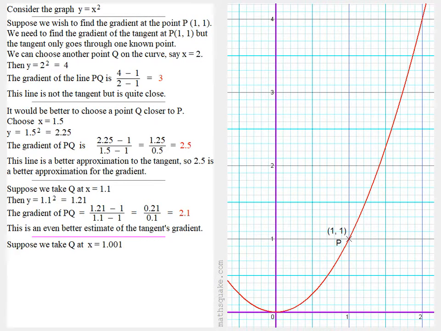Well, let's take Q even closer still. Let's take Q with x-coordinate 1.001. Then y is 1.001 squared, which is 1.002001.